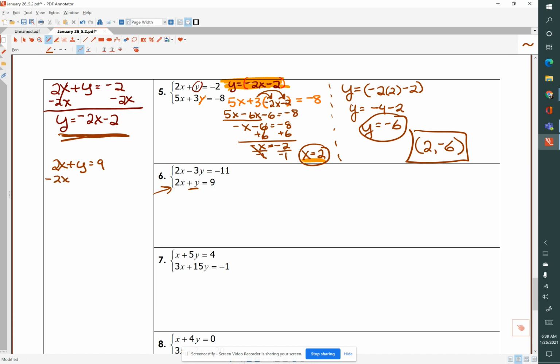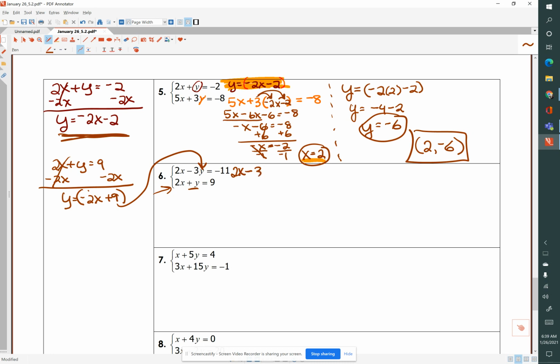I'll subtract 2x from each side. Y equals negative 2x plus 9. So now that I have solved for y, I will take that expression for y and put it in the first equation.